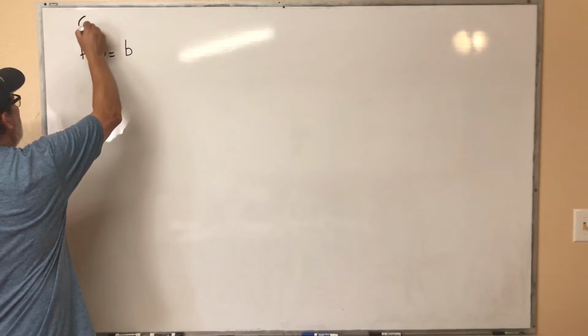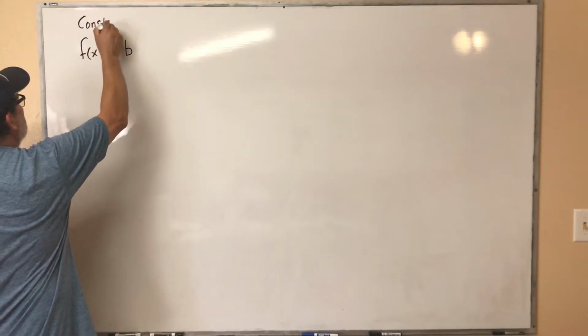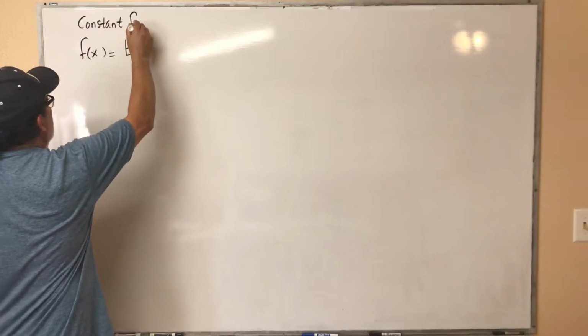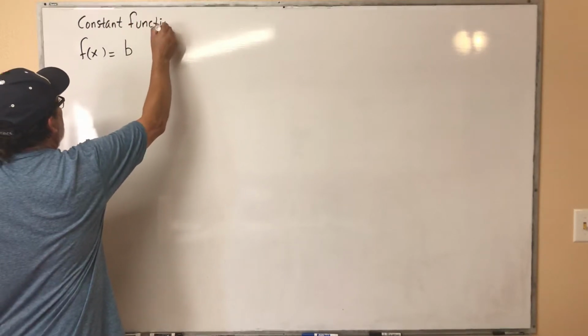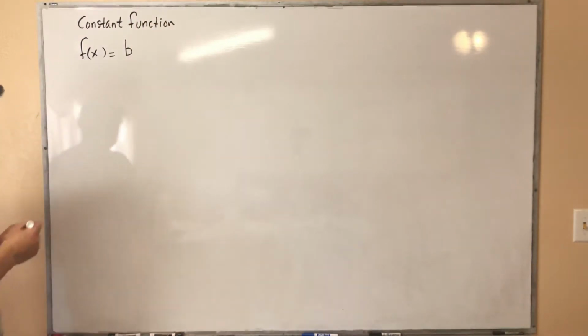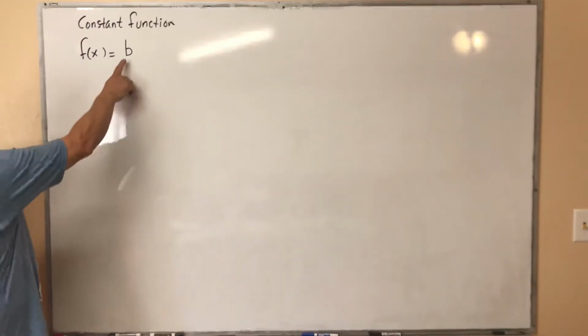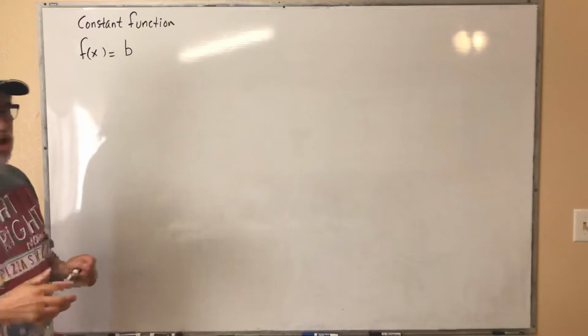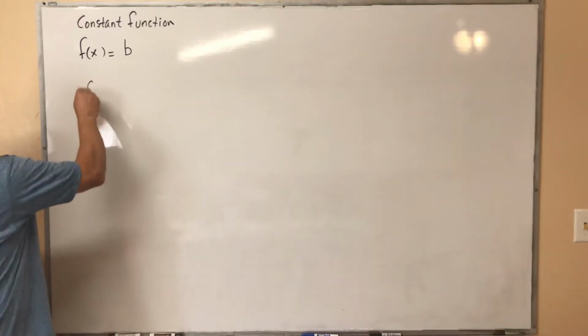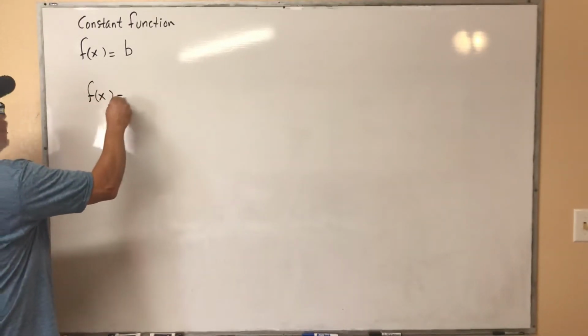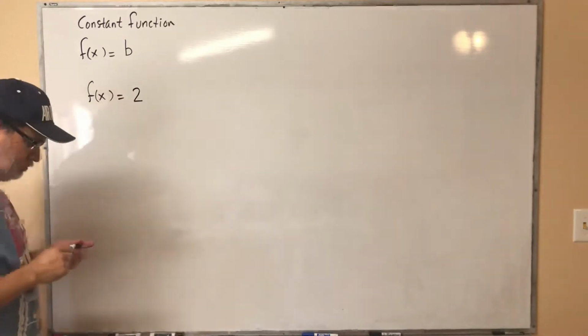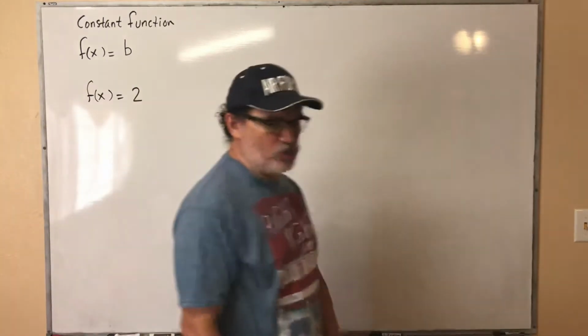So we call this a constant function. Okay? All right, so here's a constant function. I just replace this b with a number. For example, f of x equals 2. b is 2.